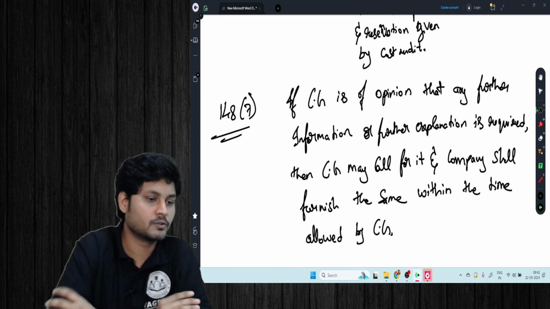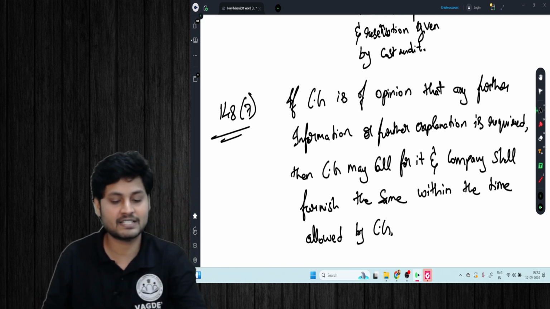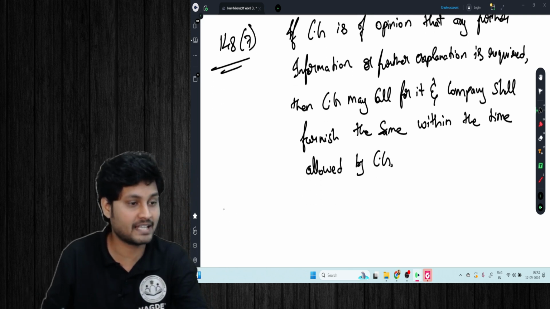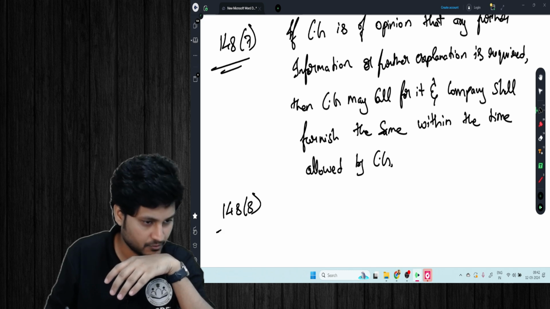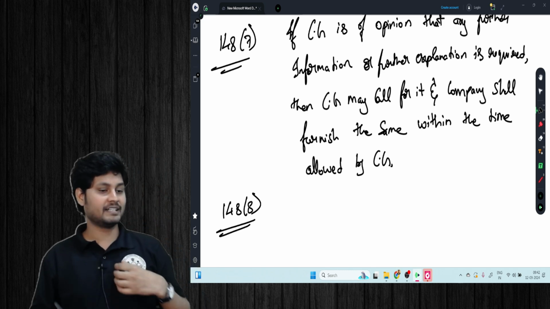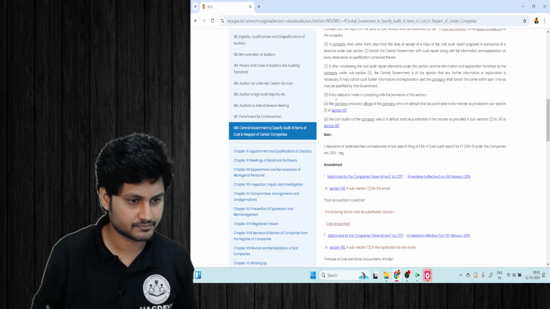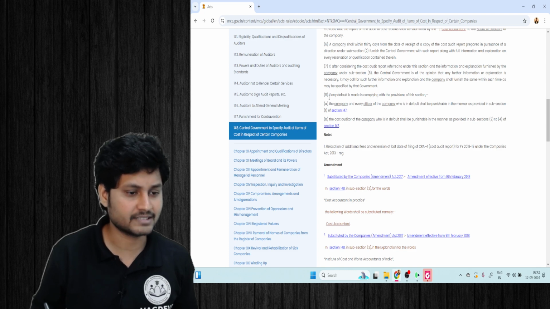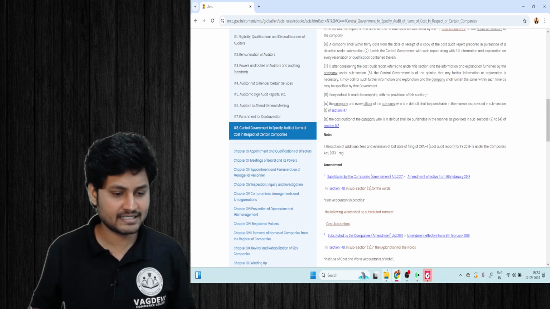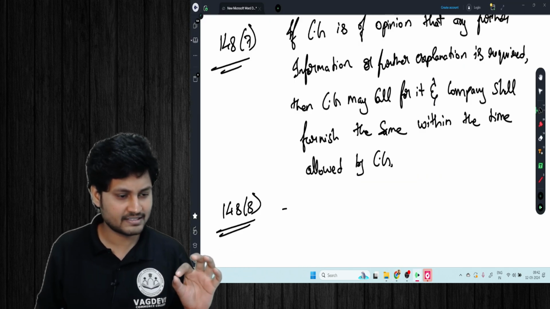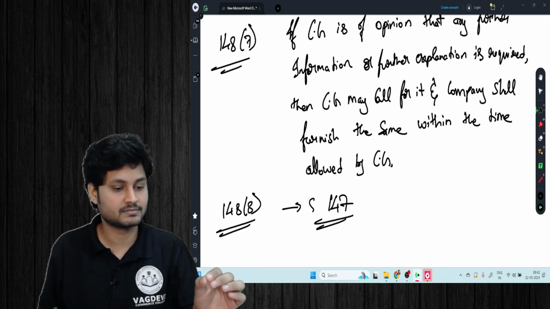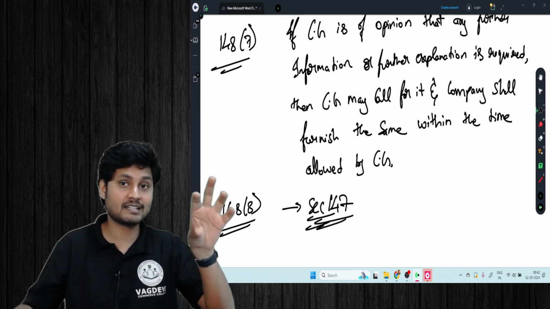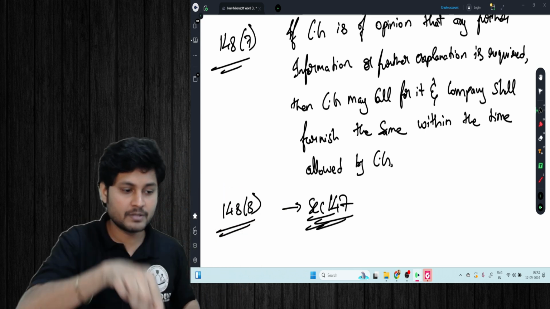Okay, so let us go to 148 subsection number 8, which is penalty, which we are not going to complete now. Because in 148 subsection number 8, what is written is that whatever penalty provisions are there in section number 147 will be applicable here.